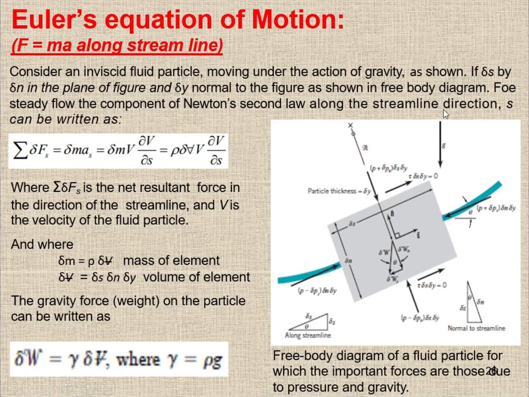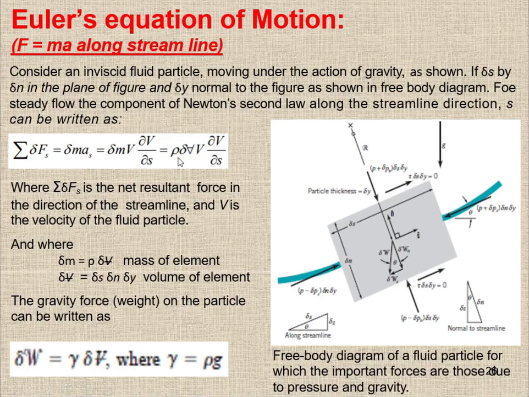So in the streamline direction, according to Newton's second law, the net force acting in the streamline direction is equal to the mass of the particle times the acceleration of the particle in the streamline direction. The acceleration in the streamline direction, as we discussed previously, is equal to V times del V over del S. And the mass of the particle is density times volume.